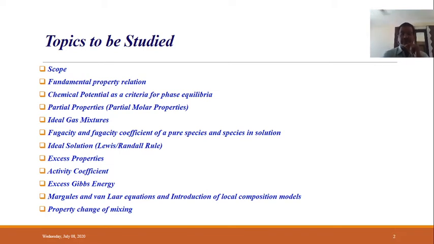Local composition models: the first one is NRTL, that is non-random two liquid, and then UNIQUAC, universal quasi-chemical, then UNIFAC, universal functional activity coefficient. Then Wilson. These are very important models which are essential for the estimation of activity coefficient.